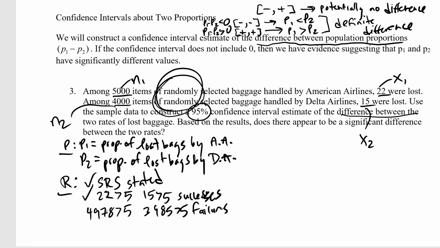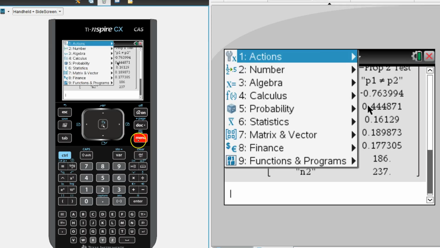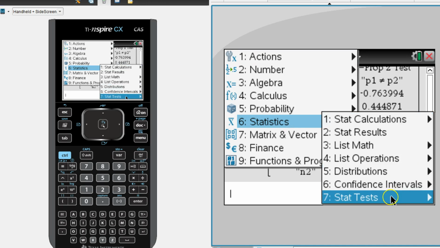So once we have the PRT, we're ready for the test, but my test this time is not a hypothesis test. It will be a 2 proportion Z interval. So menu, stats, I'm not going to go to test this time.